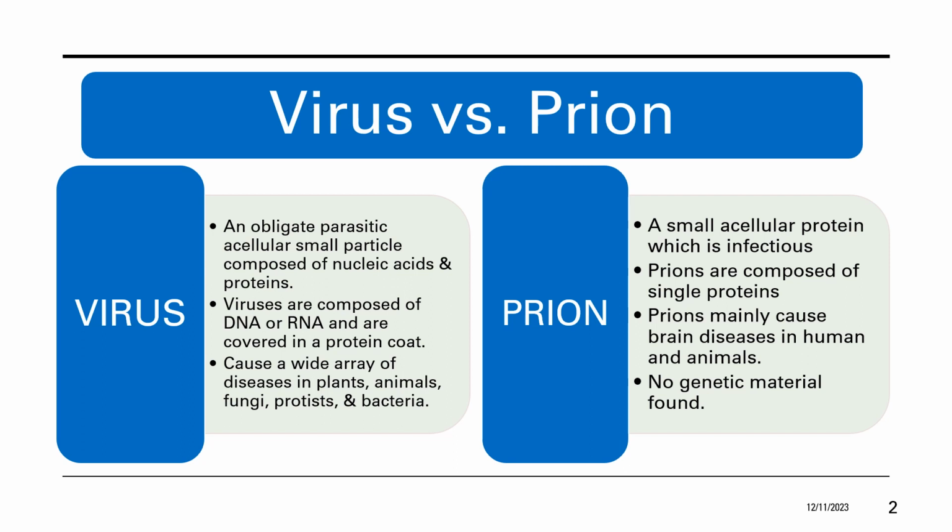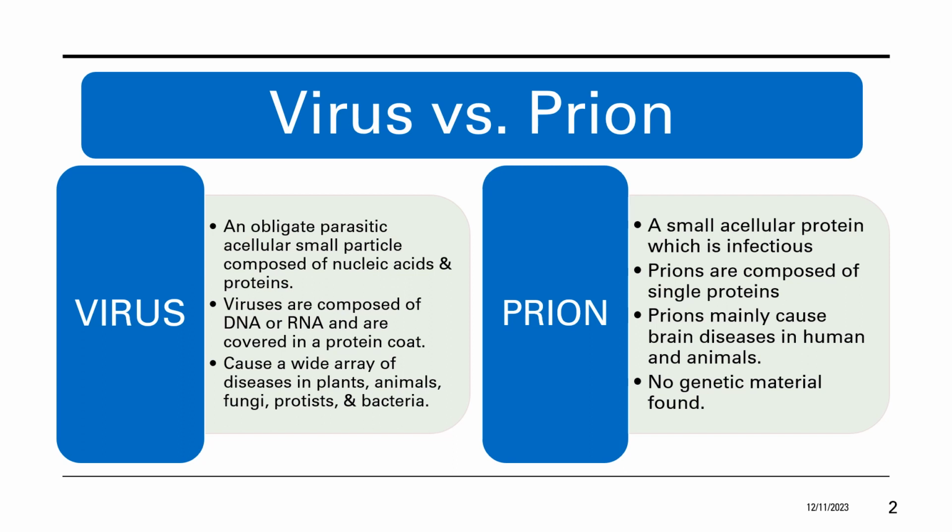Viruses are composed of either DNA or RNA, and they are covered in a protein coat. They cause a wide array of diseases in plants, animals, fungi, protists, and bacteria.